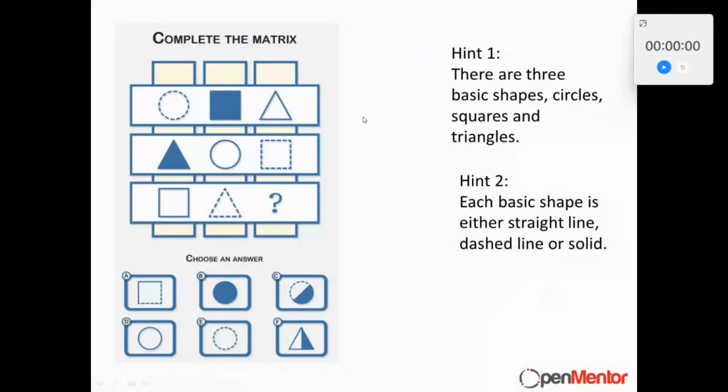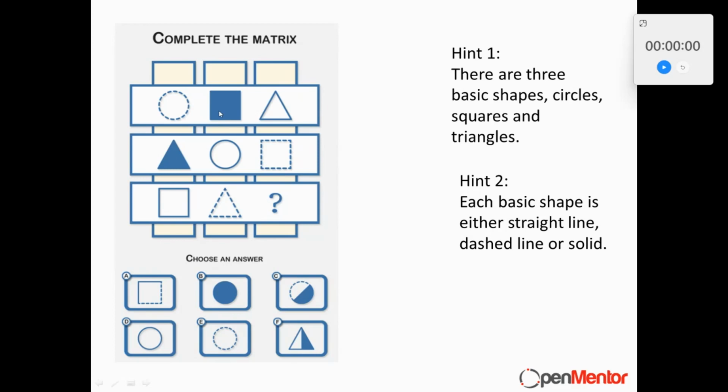We all know that there are three basic shapes in each of the rows: circle, square, and triangles. A circle is there, square is there, and a triangle is there. Triangle, circle, and a square. Square, triangle, then this should be a circle only here. So I have circle 1, 2, 3. Which one will come? Is it a dotted one or a filled one or this ring alone?